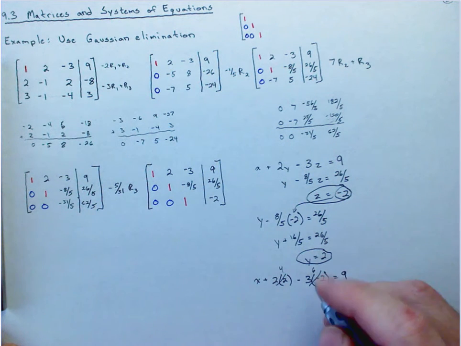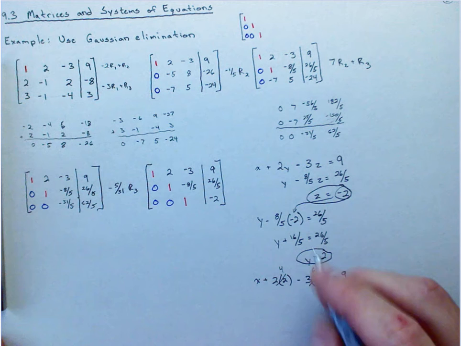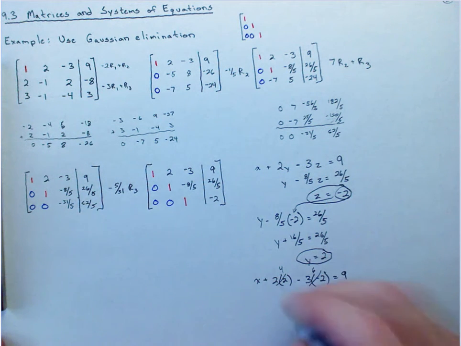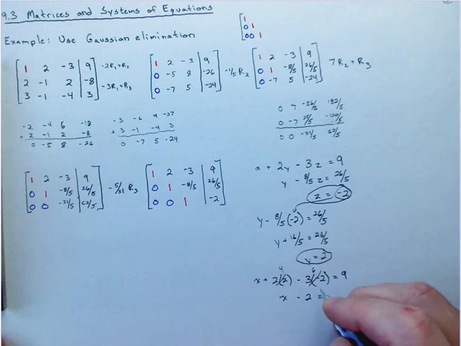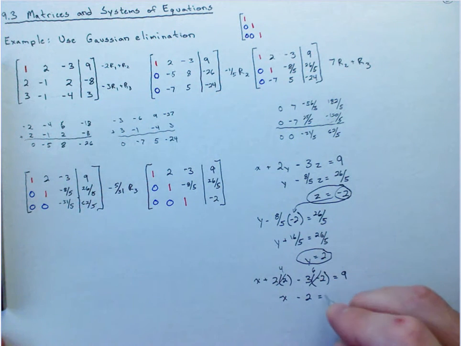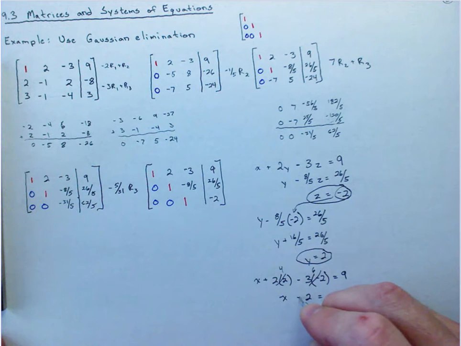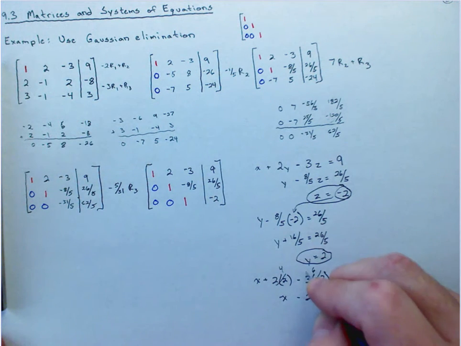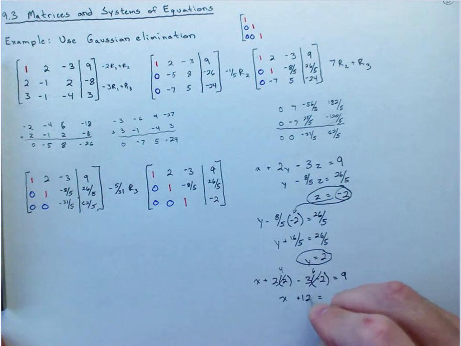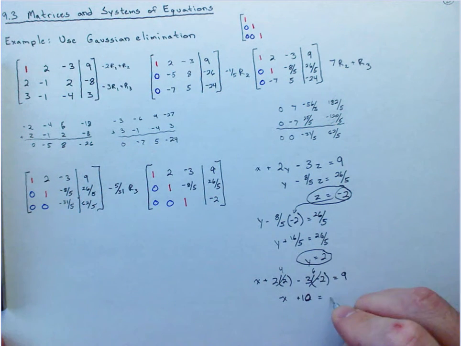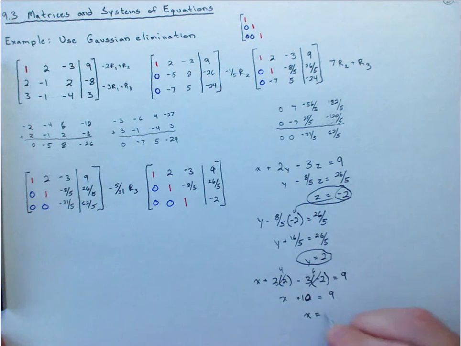So a negative 2 plus, that's a positive, sorry, so that's a plus 6, so that's 10. So plus 10, sorry, equals 9, and then x equals a negative 1. There we go.